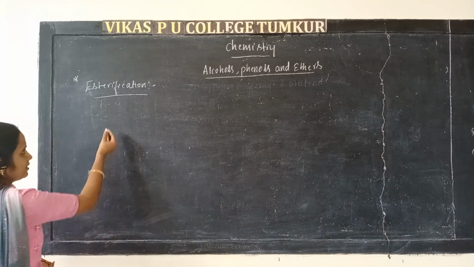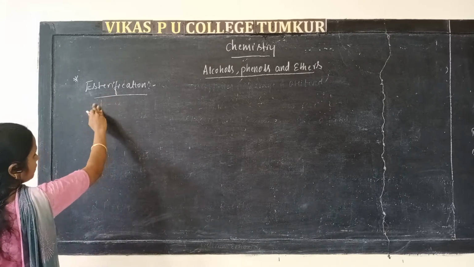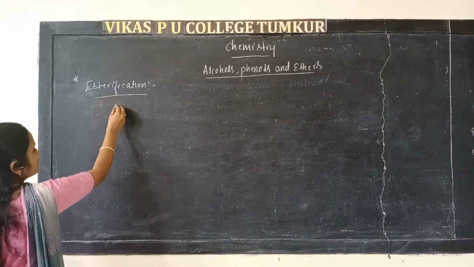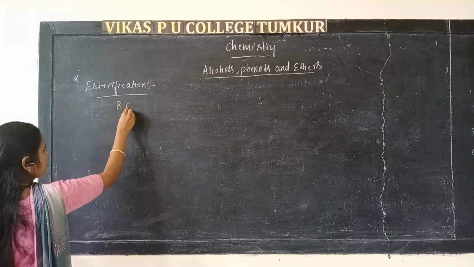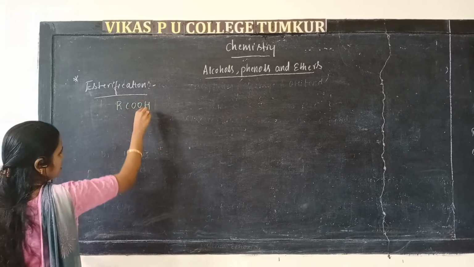Generally, we write the carboxylic acid as RCOOH.